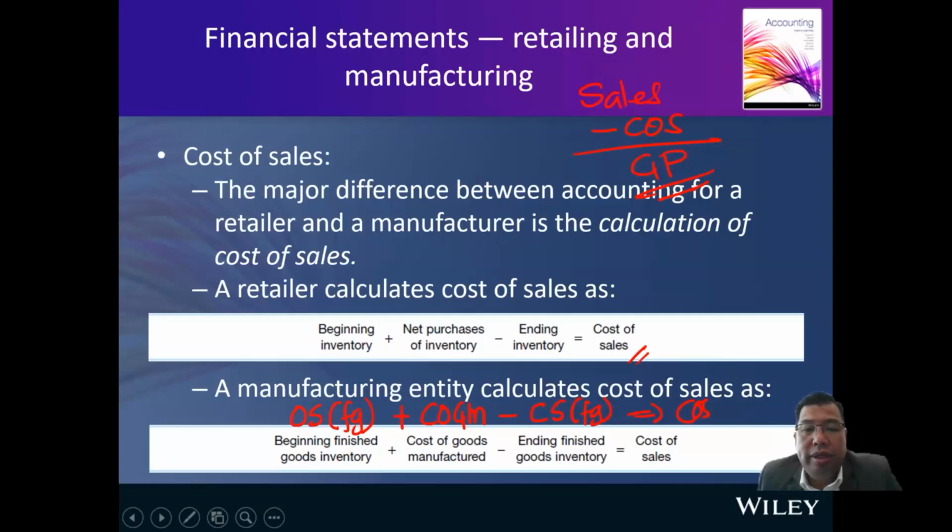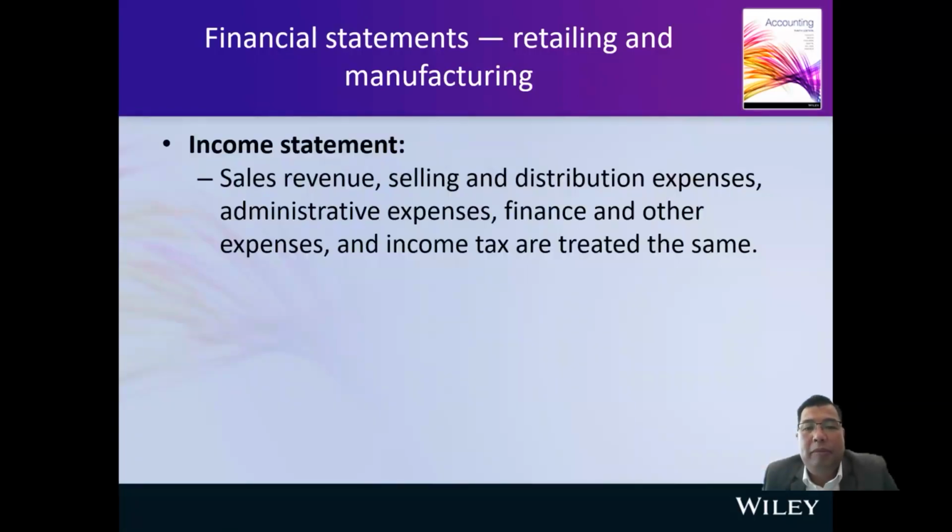Okay, so this is the first formula: opening stock plus cost of goods manufactured minus closing stock gives you your cost of sales. This is the first formula you must know for the topic.